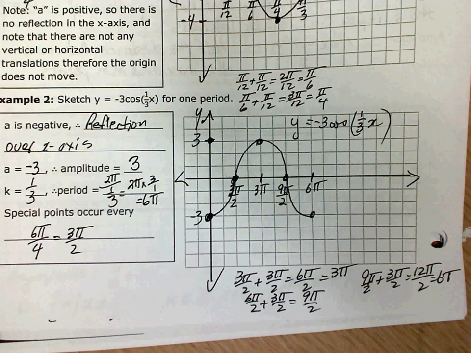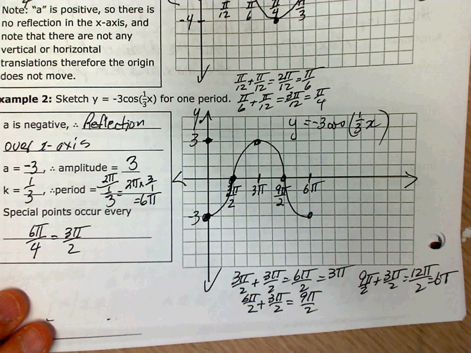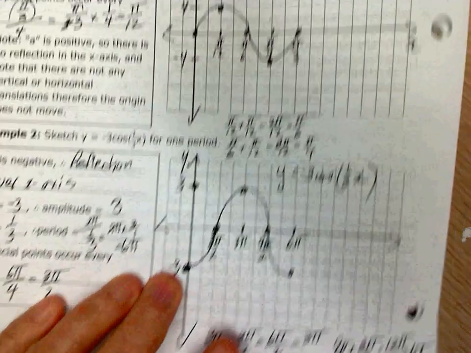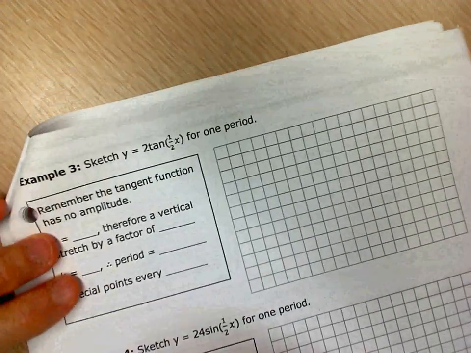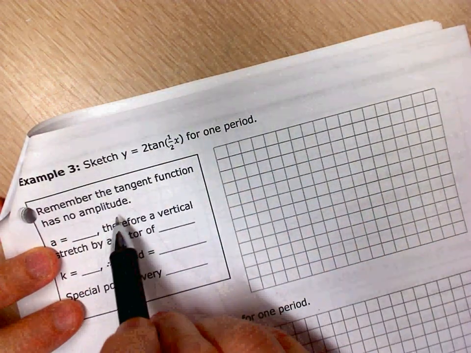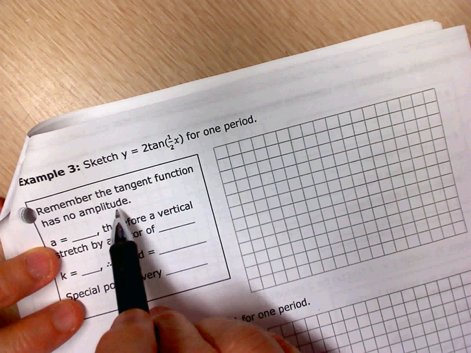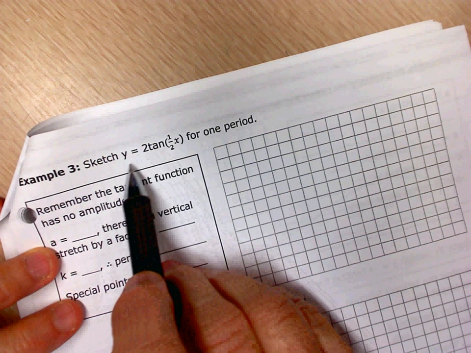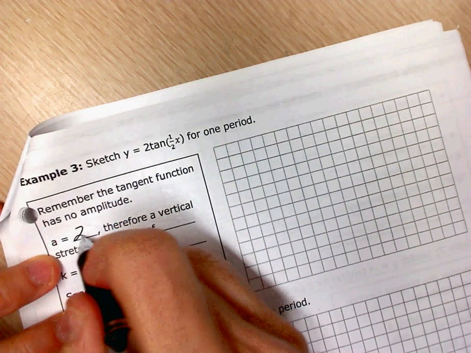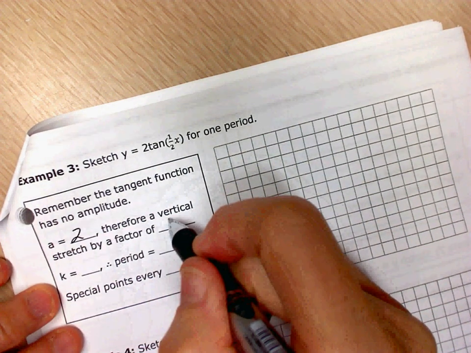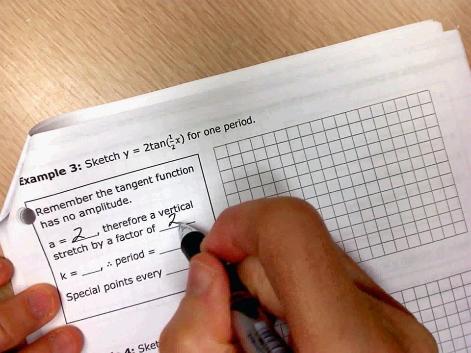Let's try a tangent function that's been stretched, etc. Remember, the tangent function has no amplitude. We're going to be graphing y equals 2 tan 1/2 x. So a equals 2. So we do have a vertical stretch by a factor of 2, right? K equals a half.